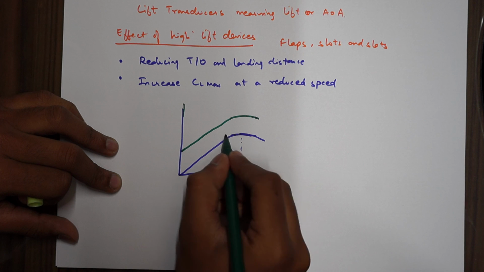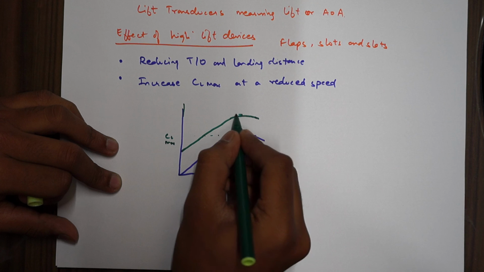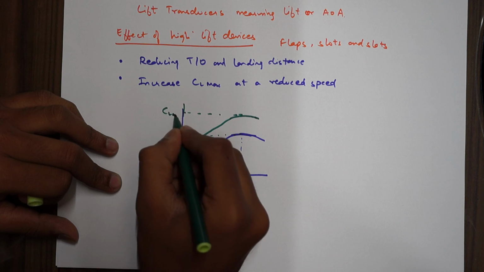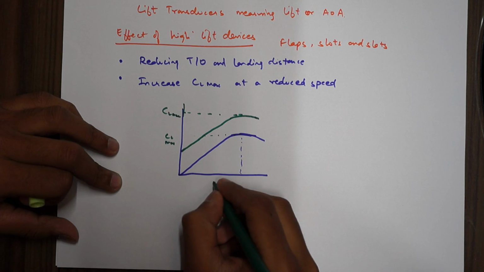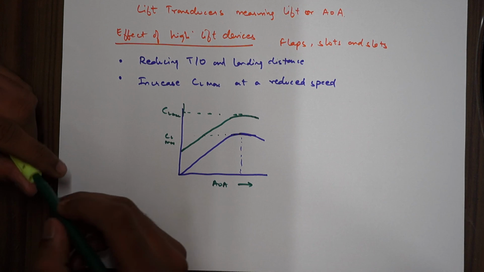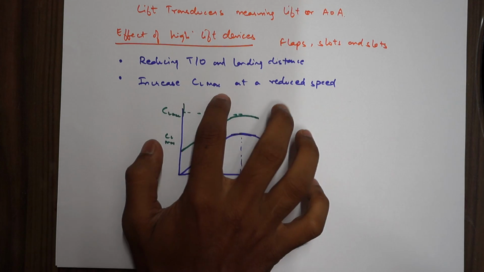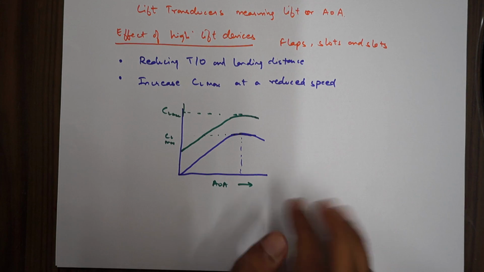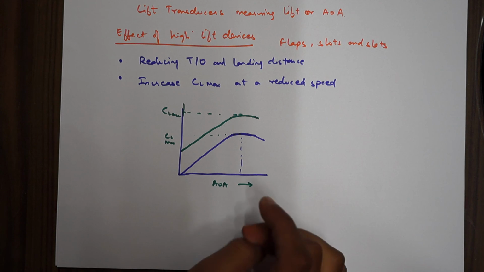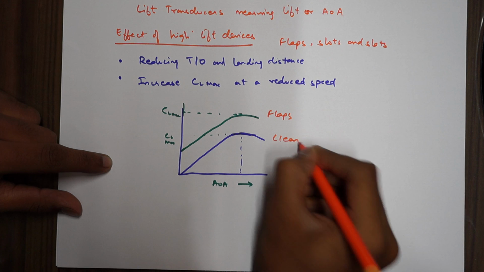So your earlier CL max was somewhere here, now the CL max has risen. Okay, angle of attack. So when you extend the flaps, slots and slats, they increase the CL max at a reduced speed at the same angle of attack. So this is with the flaps and this is the clean configuration.